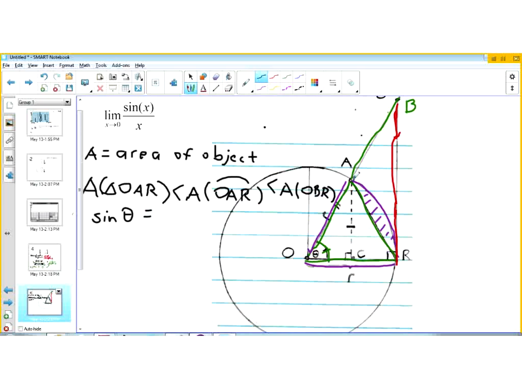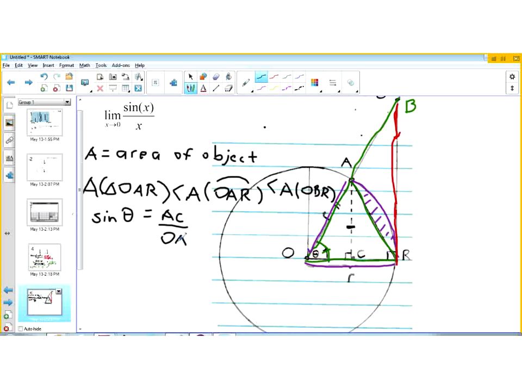So if you can see theta, and you see I've dropped a perpendicular line from A to segment OR, this perpendicular line that has the hash mark right here, this would be, from construction, the opposite, which is AC, divided by the length of the hypotenuse, which is OA.